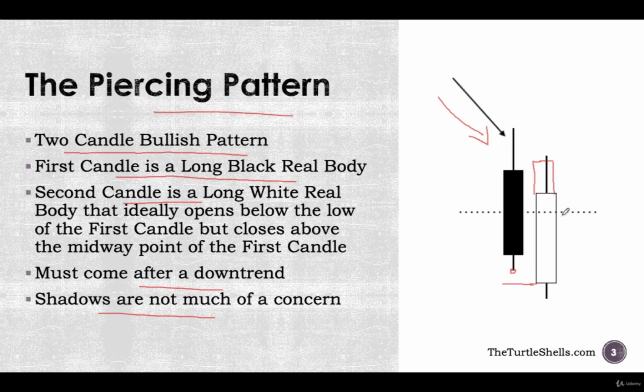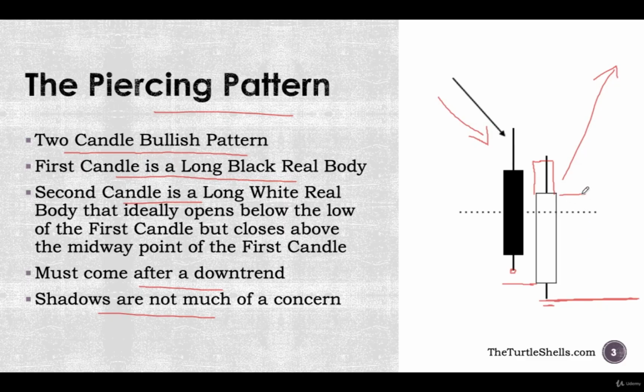So that's the main difference between the piercing pattern and the bullish engulfing. Just looking at this pattern, you would know that the bullish engulfing pattern is more powerful than the piercing pattern. Nonetheless, you cannot ignore the piercing pattern because it is a strong bullish pattern. So as in the bullish engulfing pattern, the low of the pattern becomes a support area, so we can keep our stop loss below that.